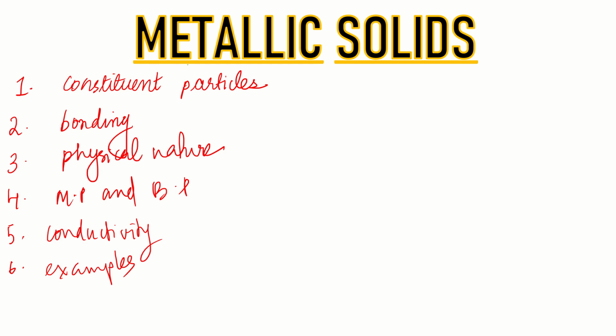Metallic solids. What are the constituent particles in metallic solids? We had seen ionic solids, right? In ionic solids, what were the constituent particles? As the name suggests, they are ions. So here in metallic solids, only one ion, only the positive ion, that is only the cation, is present. Constituent particles are positive ions in a sea of delocalized electrons.